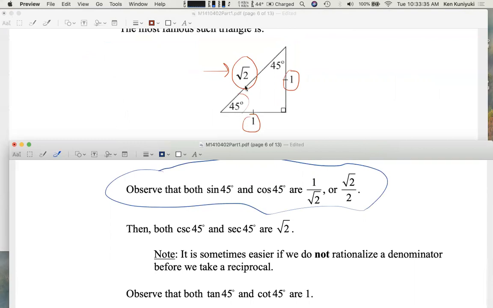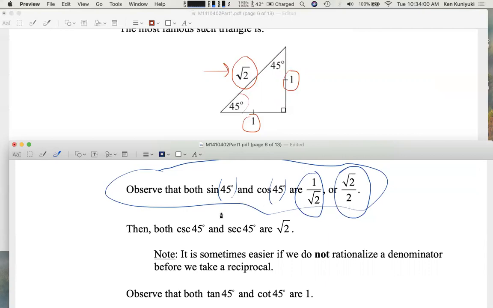Cosine is adjacent over hypotenuse. That's also 1 over root 2. We rationalize the denominator and we get root 2 over 2. So both sine of 45 degrees and cosine of 45 degrees, again, it's good to put parentheses, they both have as their value root 2 over 2.